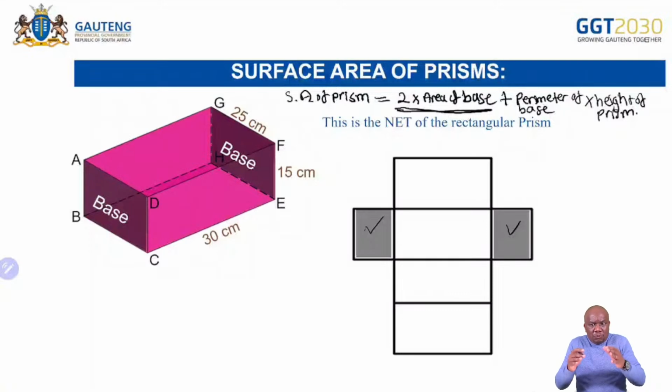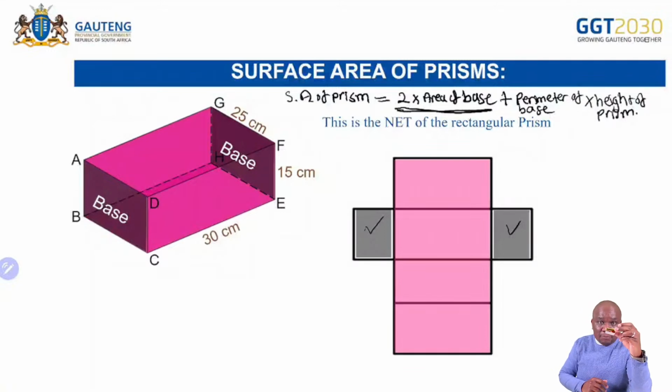And then we're left with this center part, which is pink. Let me highlight it in pink. Right, this is the base, this is another base. So now these areas are catered for, the gray part. They've been removed.